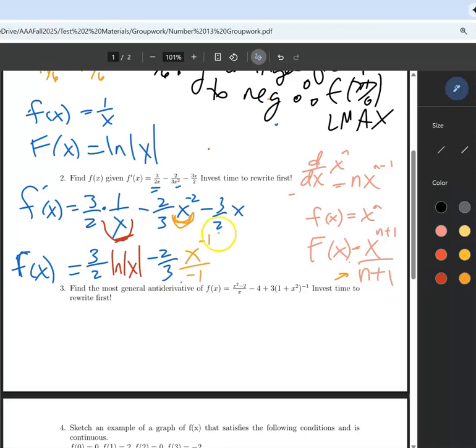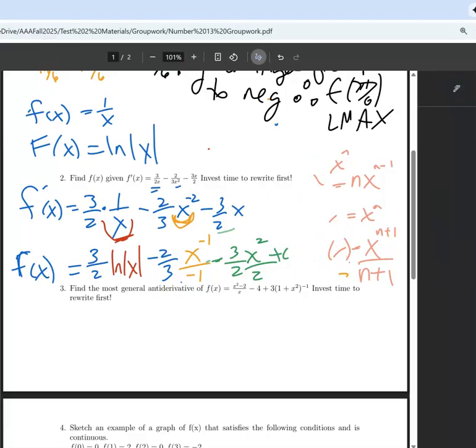Then I'd have a minus 3/2 x squared over 2, and then the plus c, because that's the most general antiderivative.